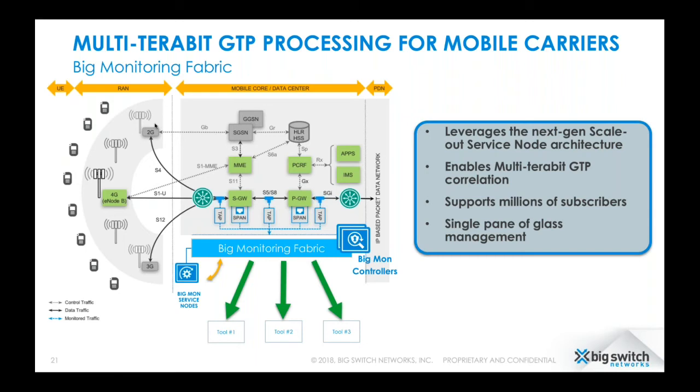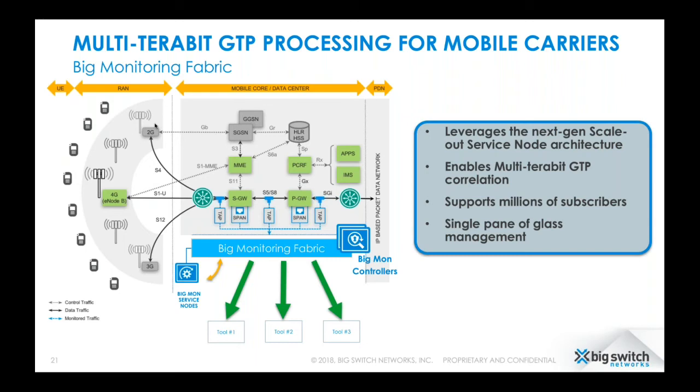The first point, in contrasting with the performance of traditional competitor solutions, is that the throughput from our service node for GTP correlation is close to 90% of the interface bandwidth. So if I have a 160 gig service node, you will expect 90% of the 160 gig to go through correlated, which is way better than any competitive solution. So that's number one.